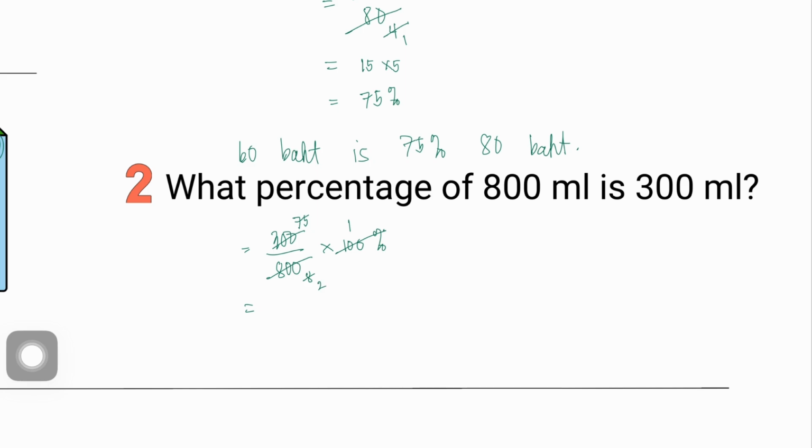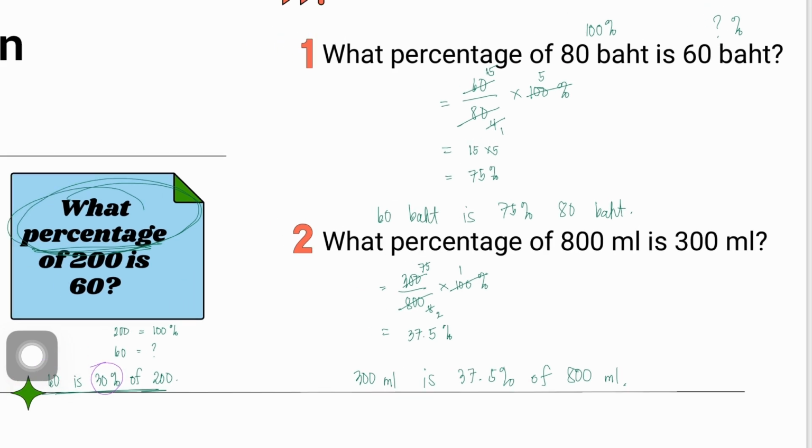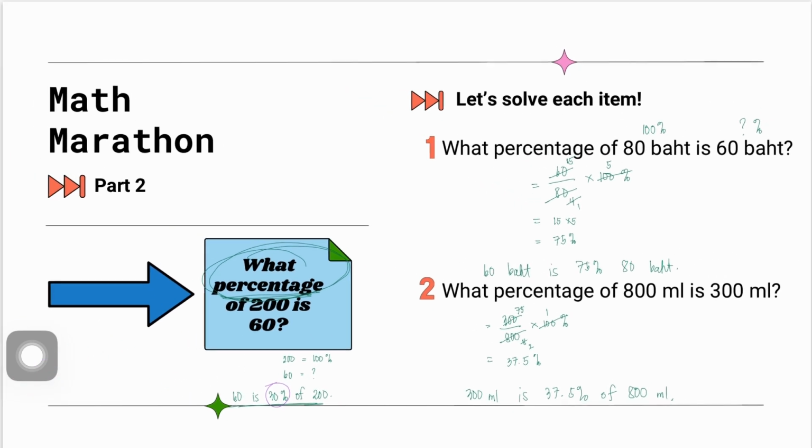So 75 divided by 2 is equal to 37.5. That means 300 milliliters is 37.5% of 800 milliliters.